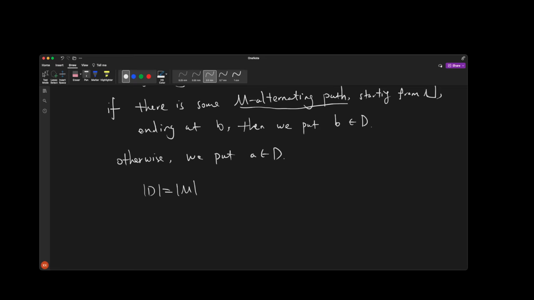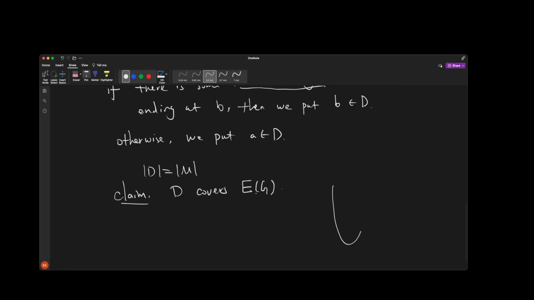So we have a final claim to prove. The claim is that D covers E of G, all the edges. Let's draw a picture here.